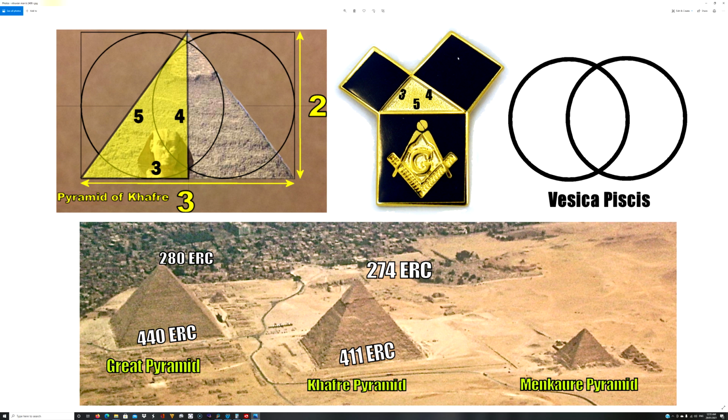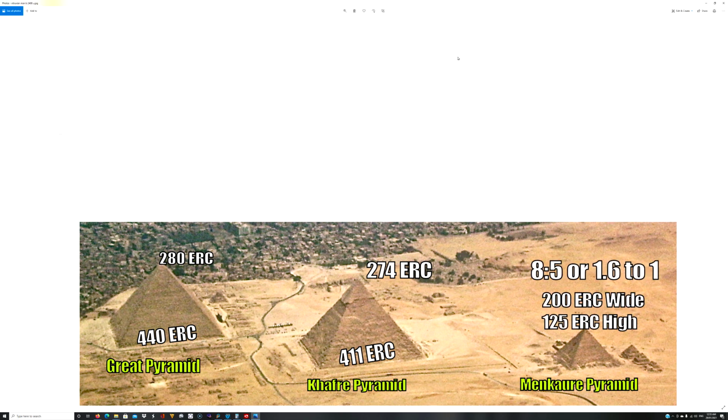And also, for instance, in stonemasons, I'm showing Freemasons here, there's 3, 4, 5 triangle symbolism. It has application for all sorts of things, but especially for the old school stonemasons, the builders of the temple. Now, Menkaure pyramid. The east and west sides are a little bit shorter, but north and south, 200 Egyptian royal cubits wide by 125 Egyptian royal cubits high, so it's 8 wide to 5 high, or 1.6 to 1.